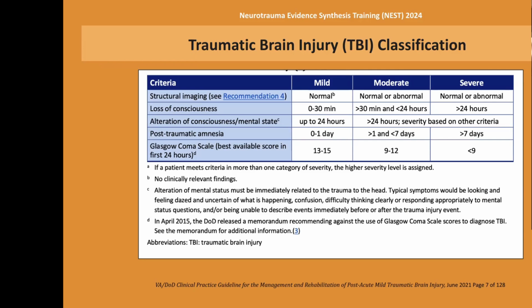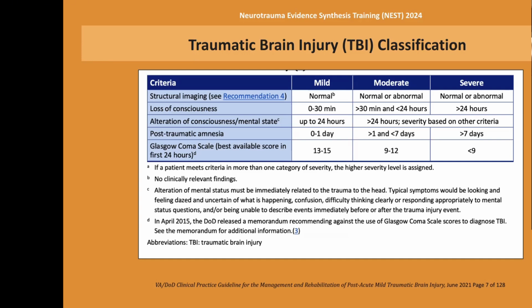The imaging is most likely normal. If there was any loss of consciousness, could be nothing up to about 30 minutes. That would then, over 30 minutes, then move up into moderate. There might be an alteration of consciousness or mental state up to the first 24 hours. You could have some post-traumatic amnesia. So all of those things keep it in the mild category.